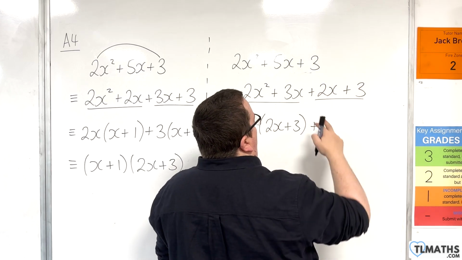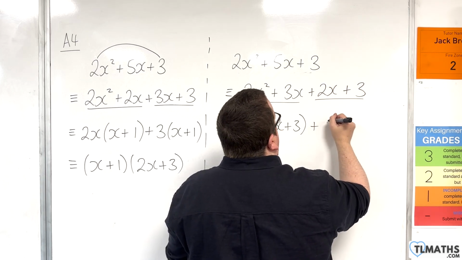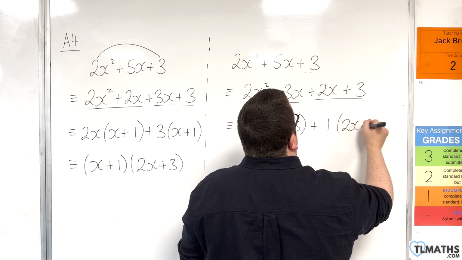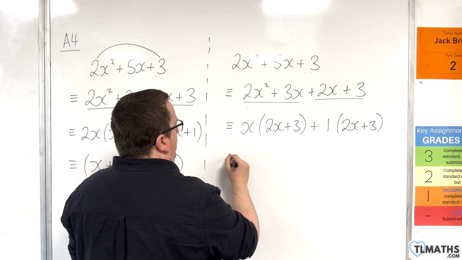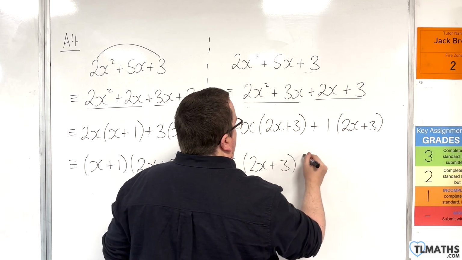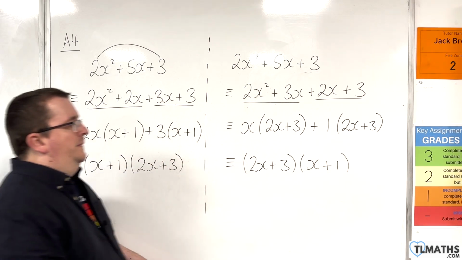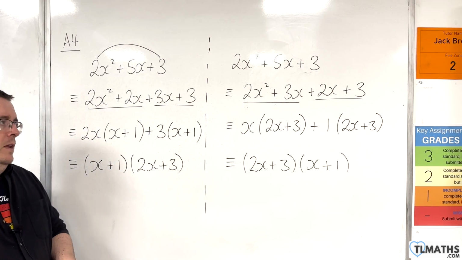Over here we've just got 2x plus 3. The only common factor of 2x and 3 is 1, so 1 lot of 2x plus 3. So we'll have the 2x plus 3 as a bracket, and the other bracket is x plus 1. And we're done. Okay?